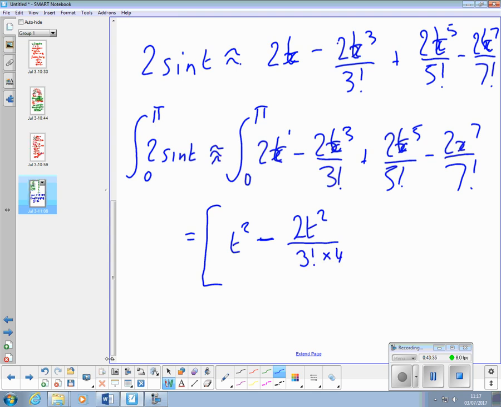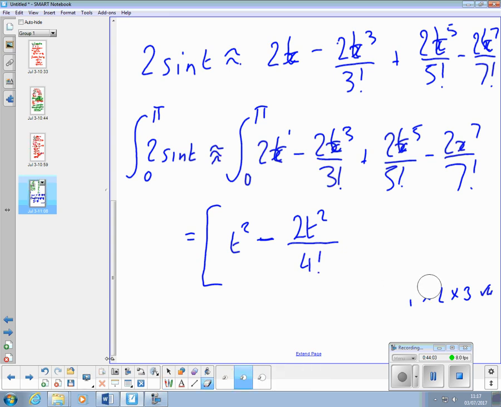How could I better write that? What does 3 factorial mean? 1 times 2 times 3. If I then multiply that by 4, that's actually 4 factorial.